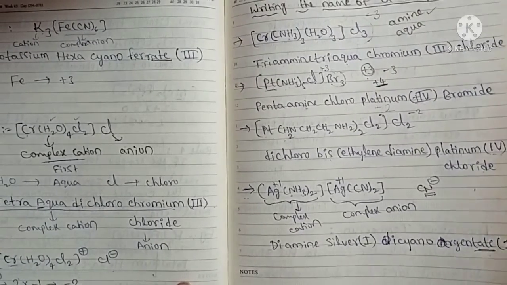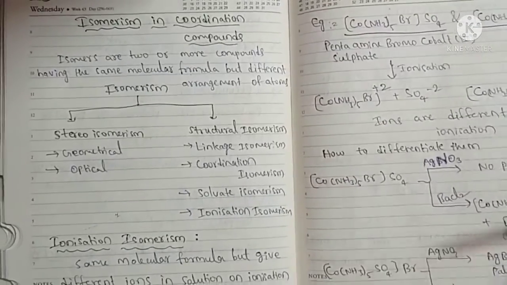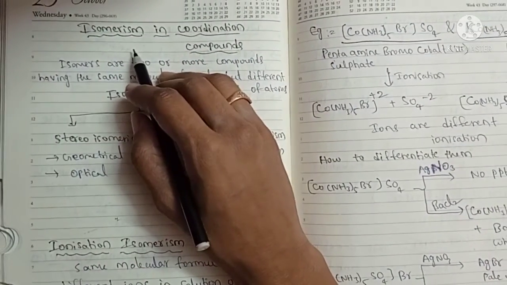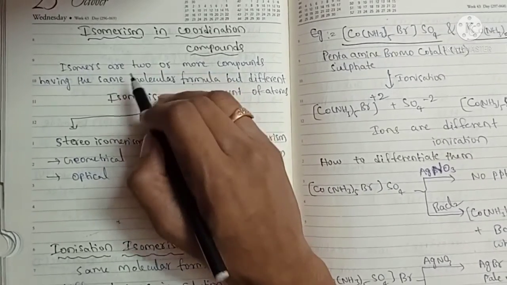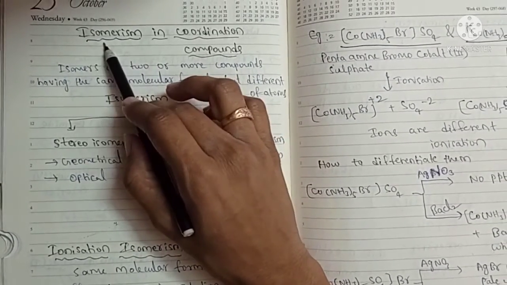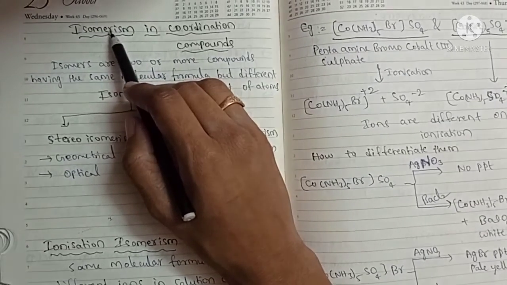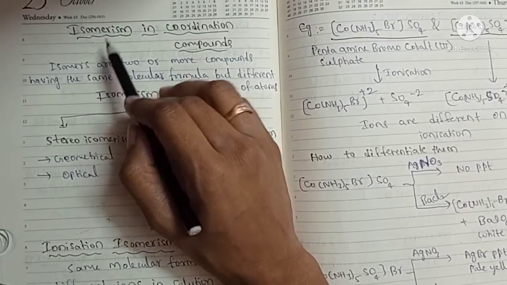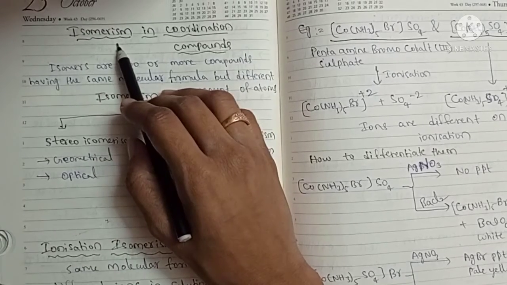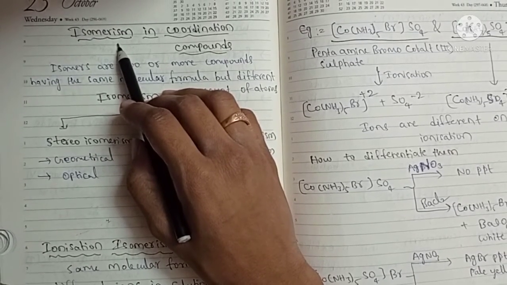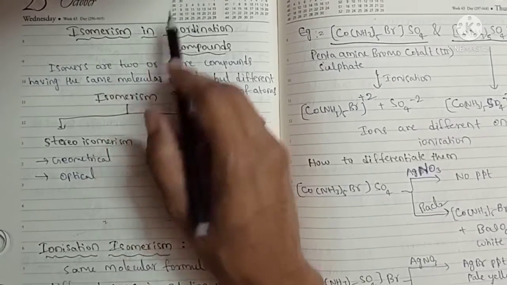So these are some of the examples. And the next topic is isomerism. We have seen isomerism in organic compounds. If we have more knowledge of isomerism in organic chemistry, then we can easily solve it in inorganic chemistry also. We already saw in first year that isomerism means the same molecular formula but differing in structure.